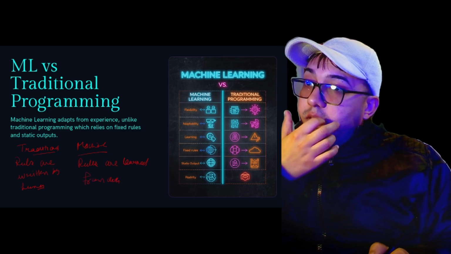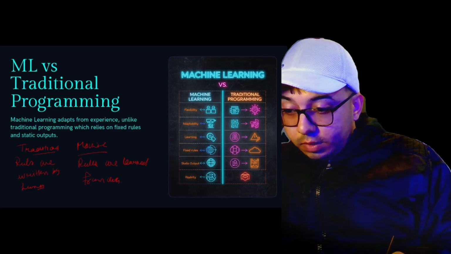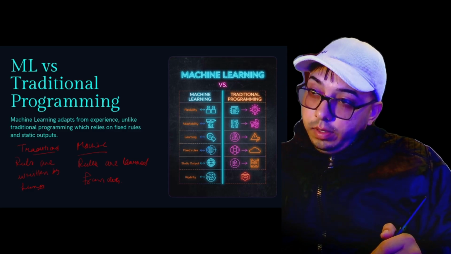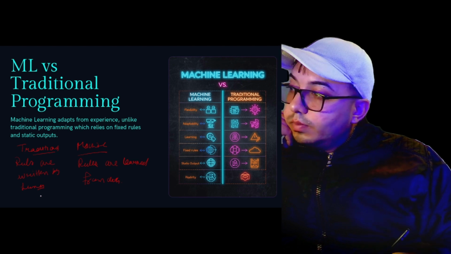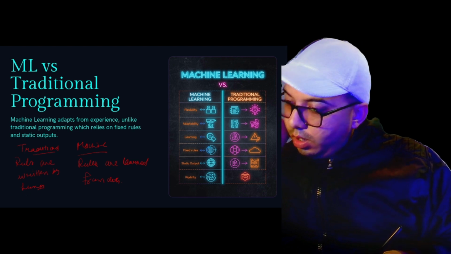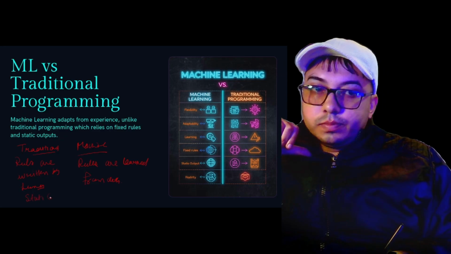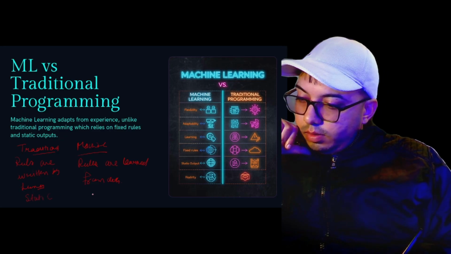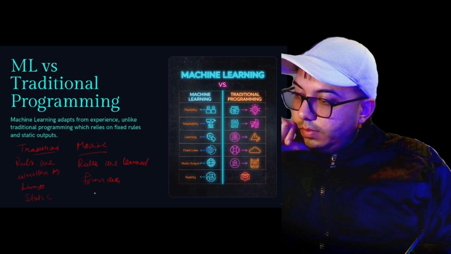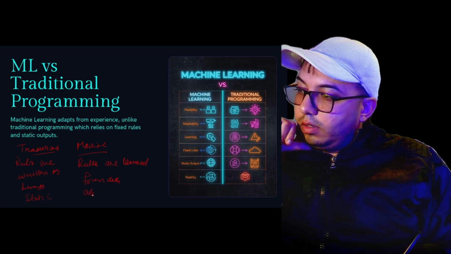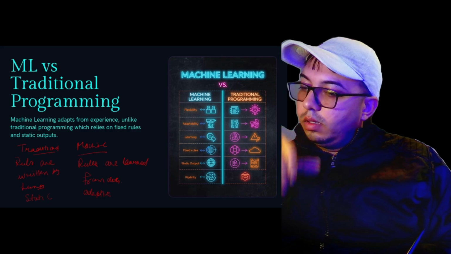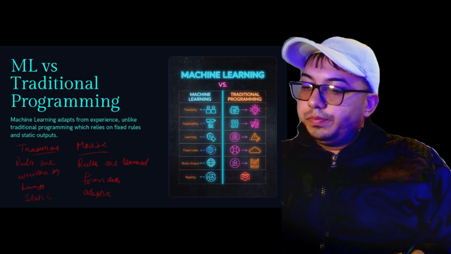And traditional programming is static, whereas machine learning is adaptive. Static, and this is adaptive. All right.